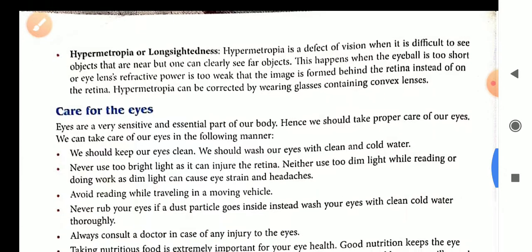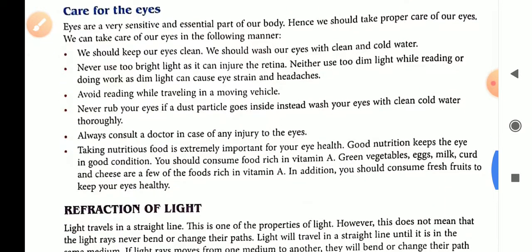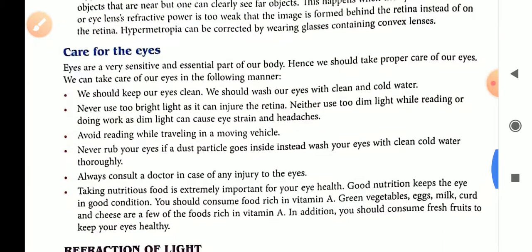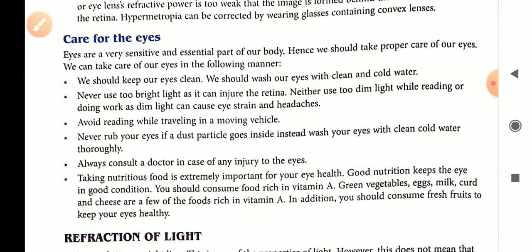Now, care for the eyes. Eyes are a very sensitive and essential part of our body, so we must take care of them. I think all of you know it, but once again I am going to remind you. We should keep our eyes clean by washing them with clean and cold water. We should never use too bright light as it can injure the retina.